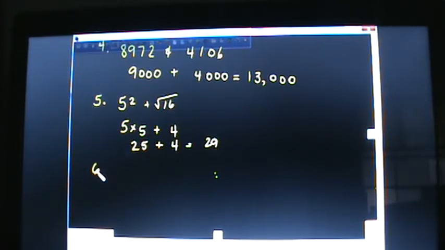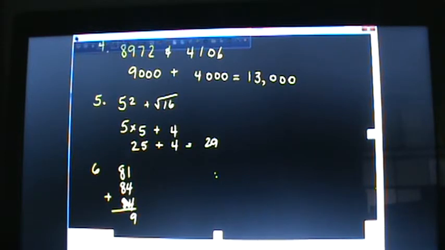Juanita's 3 test scores were 81, 84, and 84. What was the average of her 3 scores? So we're going to add 81 plus 84 plus 84. So 4 plus 4 is 8, plus 1 is 9.